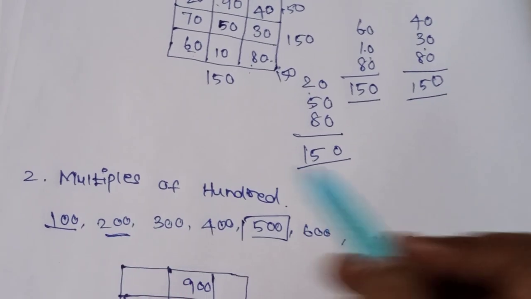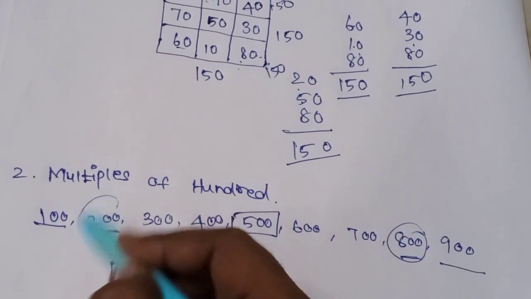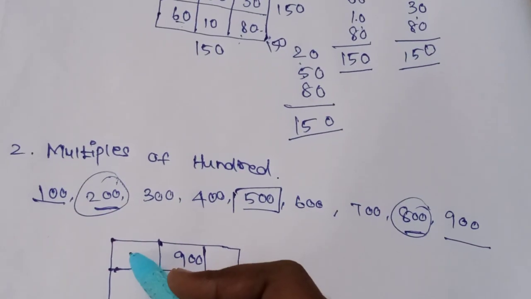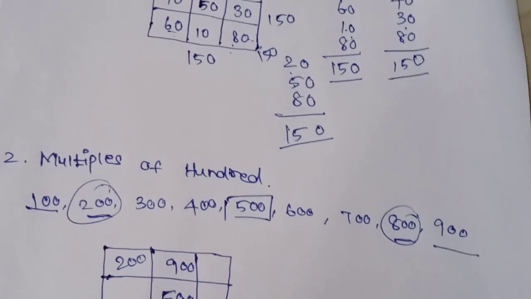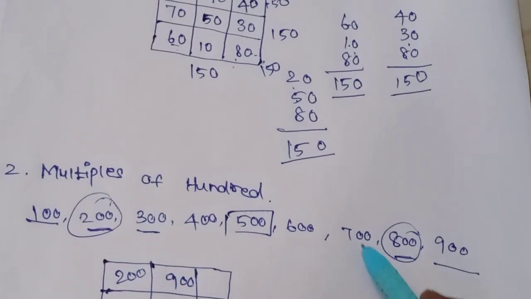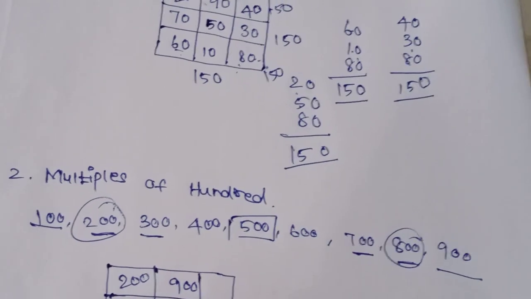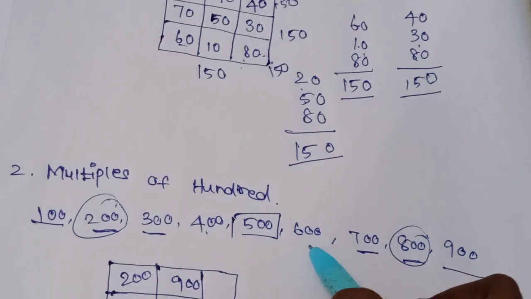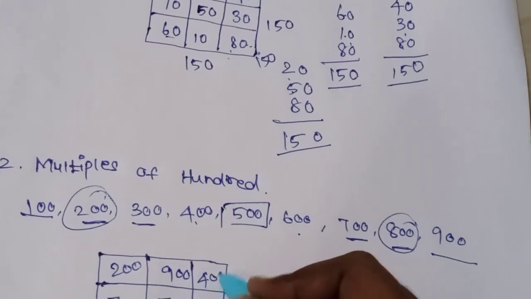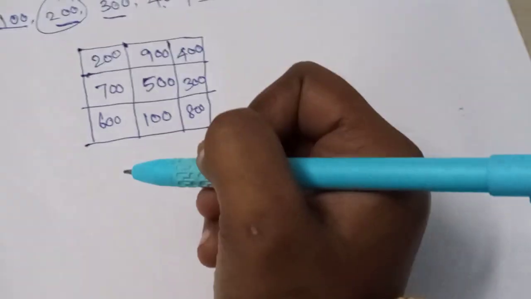Next take the second number from the first and the second from the last. Write them in the diagonal, so 200 and 800. Next take 300 and 700. So write 700 this side and 300 this side. Now the remaining 400 and 600. Write 400 on the top and 600 below.